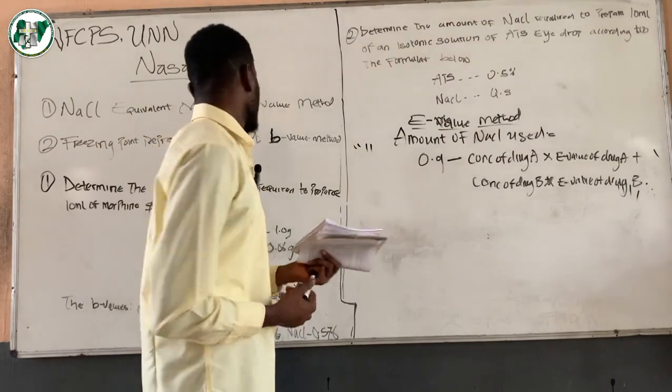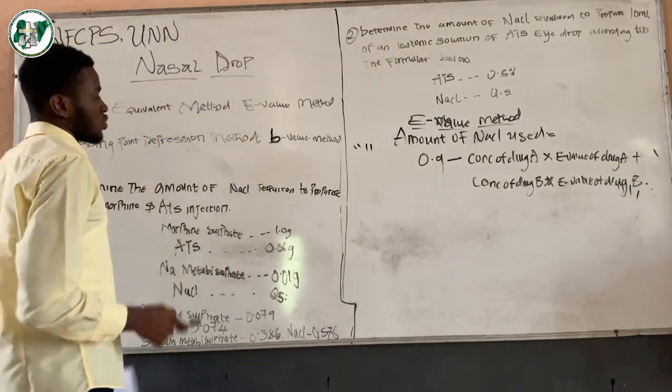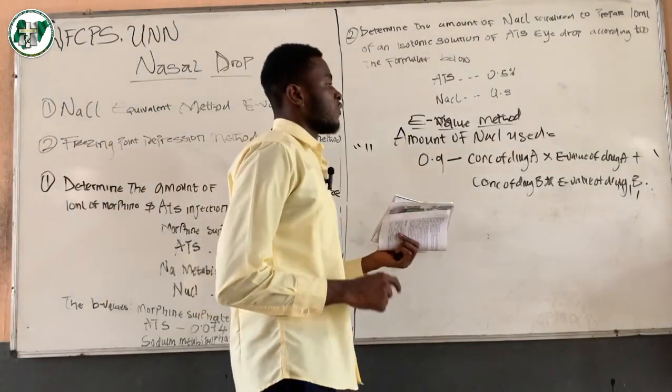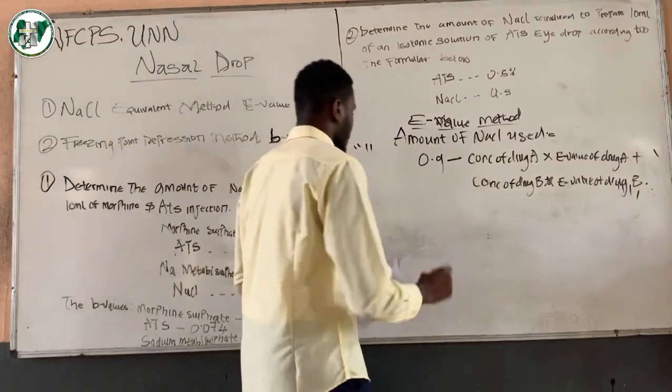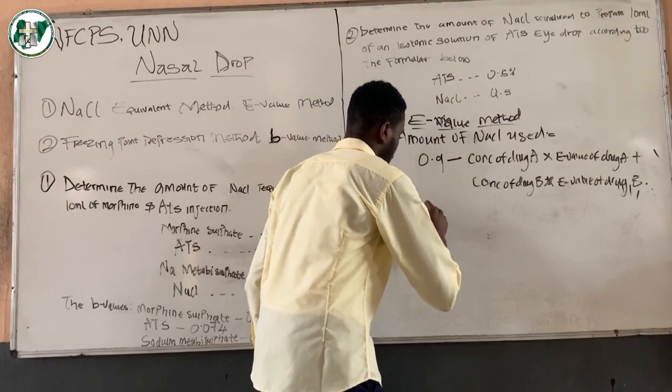Then for the B value method, which is the freezing point depression method, we calculate the amount of isotonizing agent we are supposed to use by using this formula.